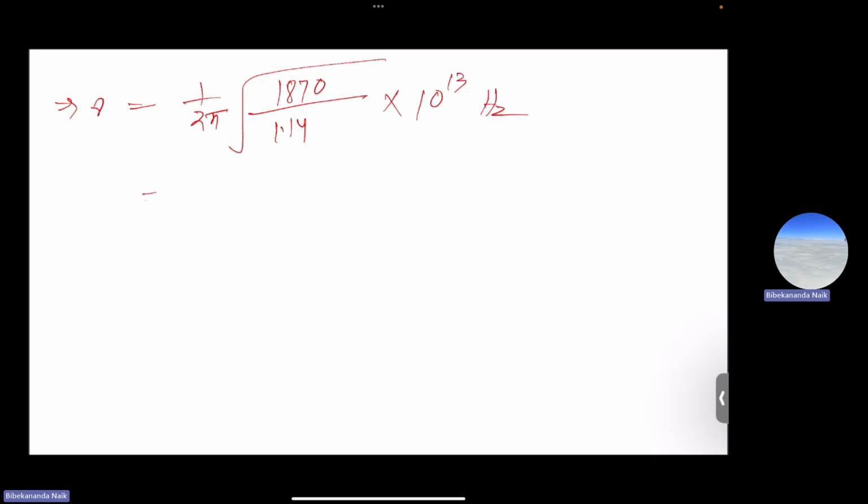Now if you calculate the value of frequency, it will be 1 by 2 pi times the square root of 1870 divided by 1.14, into 10 to the power 13 hertz.